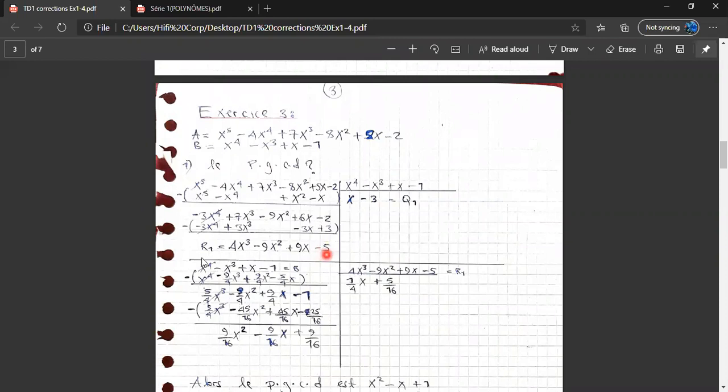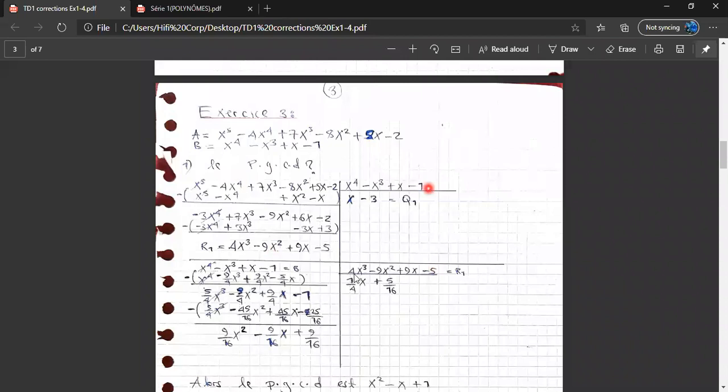And then we check this. The degree of this polynomial, the remainder which we found here, is equal to 3. The degree of this polynomial is equal to 4. So this cannot go into this, but this can go into this. So we draw a line and we start another Euclidean division of this into this.